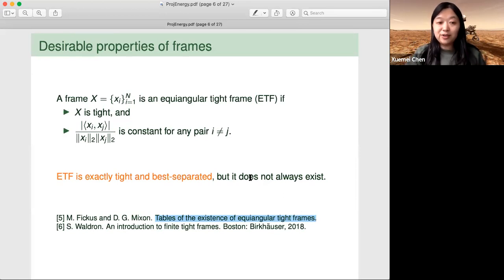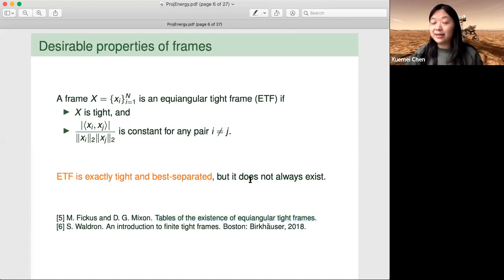I think many of us already know that, for example, in the complex space, you have to have the number of vectors N be less than or equal to dimension squared. In the real space, you have N at most d times (d plus 1) over 2, but that's just the easiest constraint. And then there are other constraints. So they're hard problems basically.